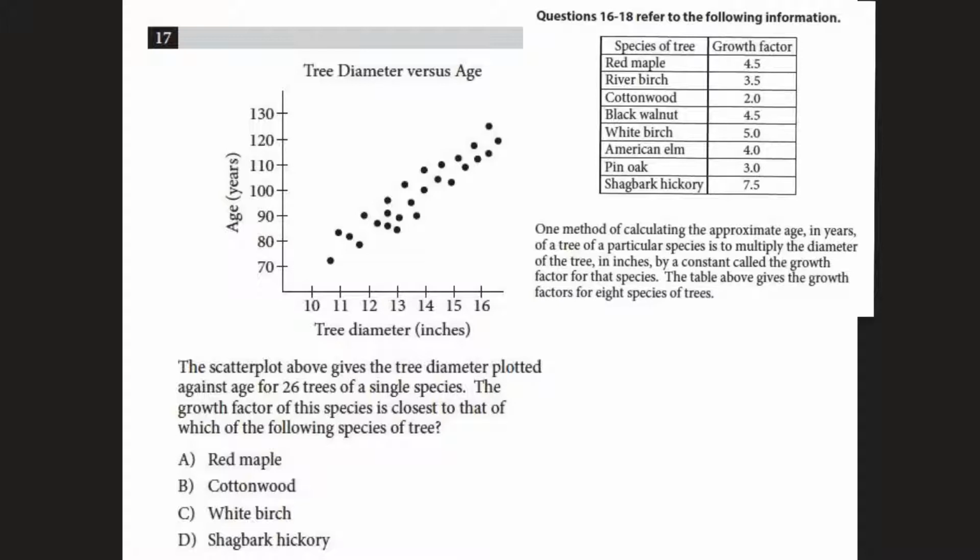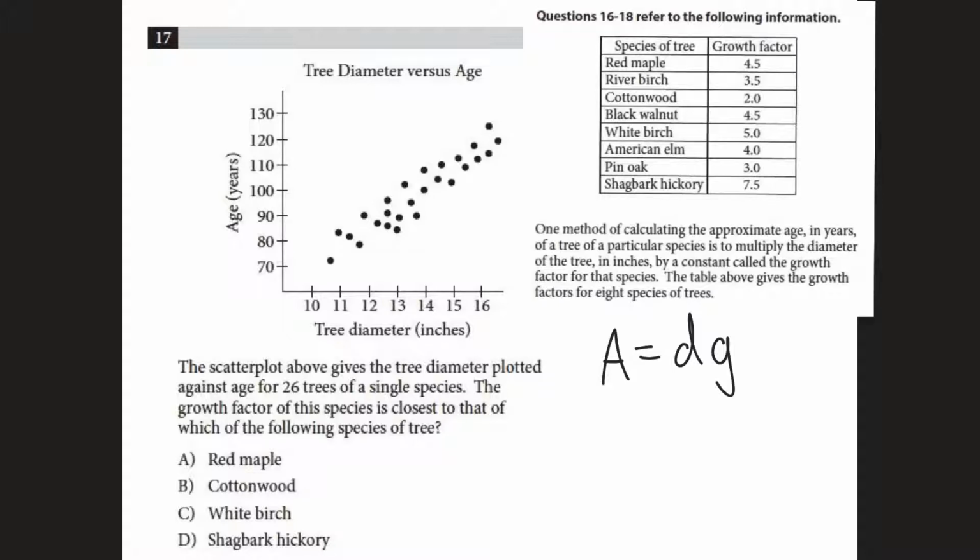Okay, so we know that the age of a tree, I'm going to say that's A, is equal to the diameter times the growth factor.